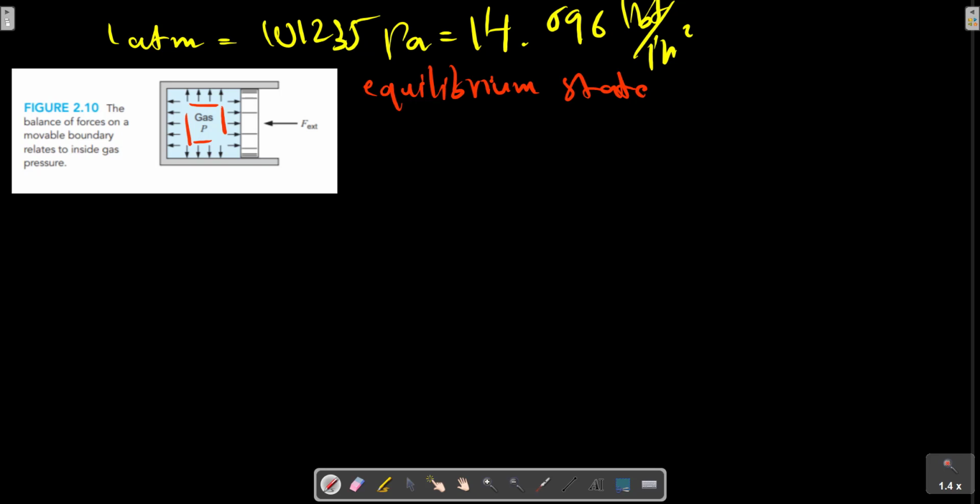Thus, the product of the pressure and the movable piston area must be equal to the external force. If the external force is changed in either direction, the gas pressure inside must adjust, with appropriate movement of the piston, to establish a force balance, which tends to increase the gas pressure.